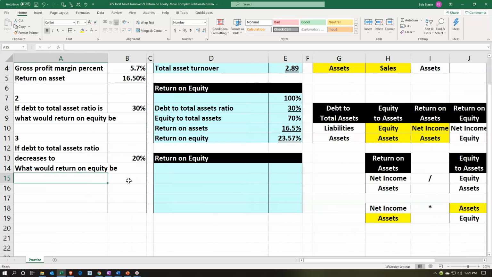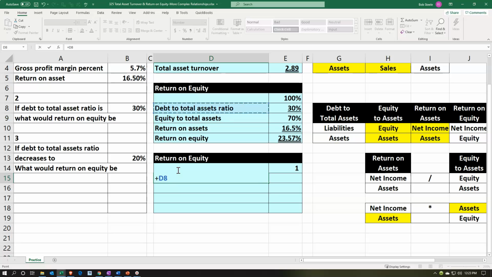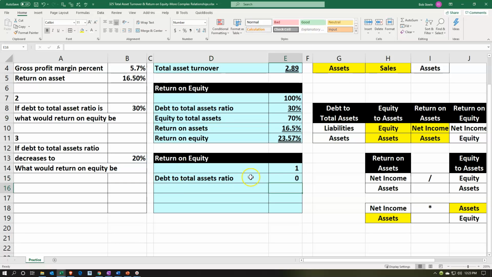And then the last one says if the debt to assets ratio decreased to 20%, then what do we have? So we're going to say, all right, same calculation. We've got 100%, but now the debt ratio has gone down to 20%. Let's make these all percents at the same time. Home tab, number group, percent. We'll add some decimals to it.